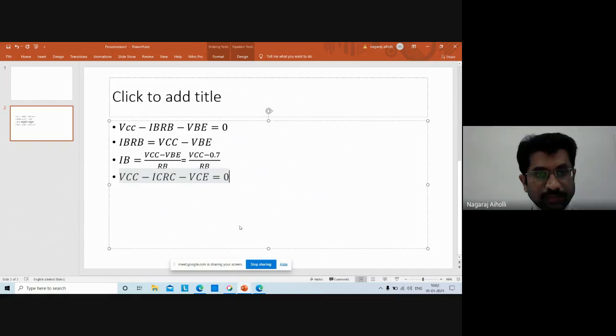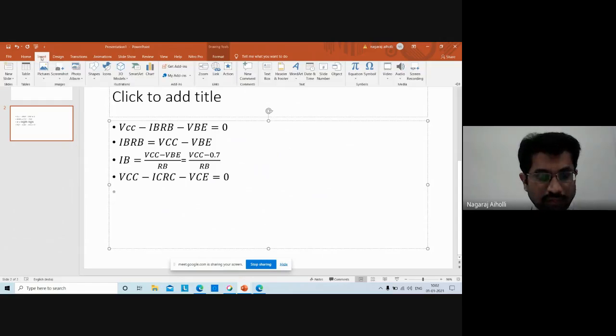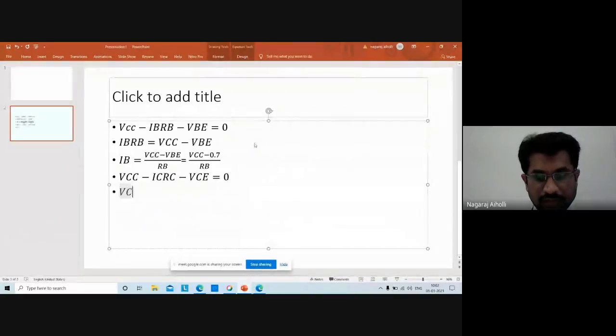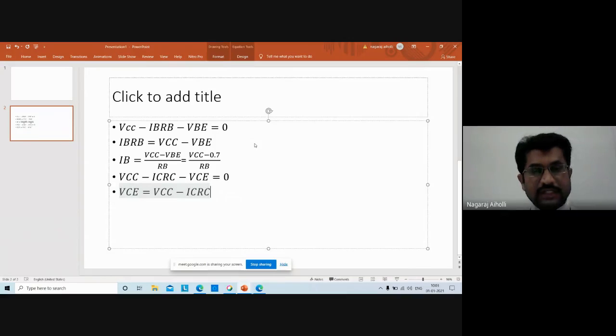Now let us rearrange the equation for VCE. Taking minus VCE to the RHS, it becomes plus VCE.